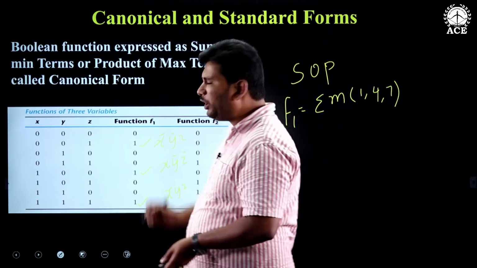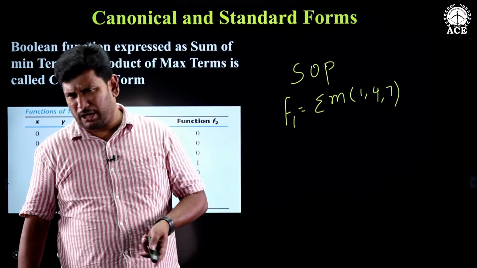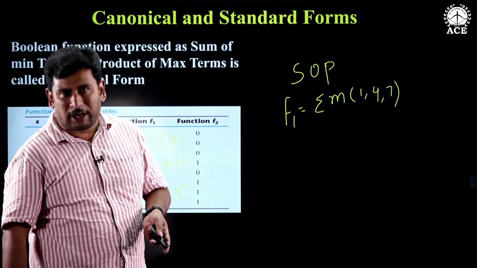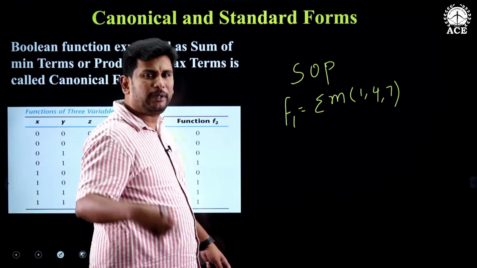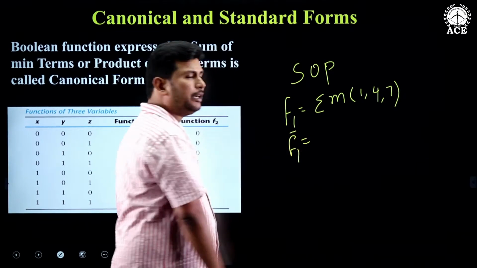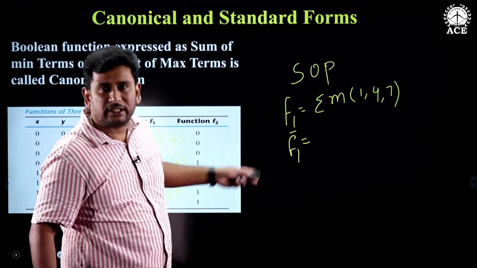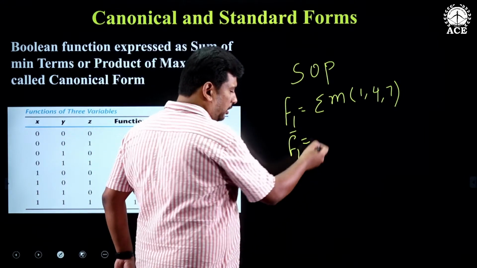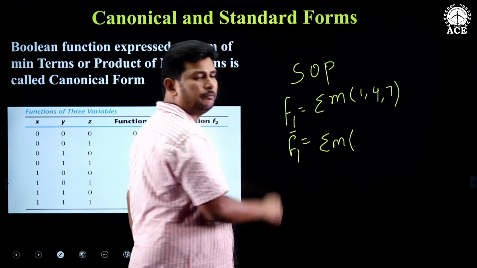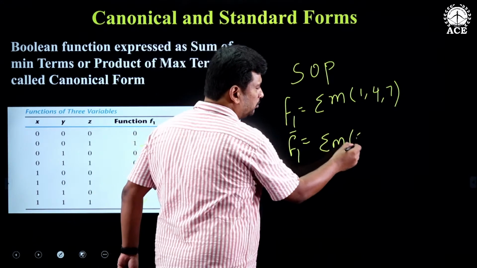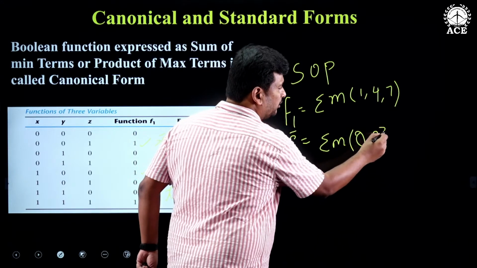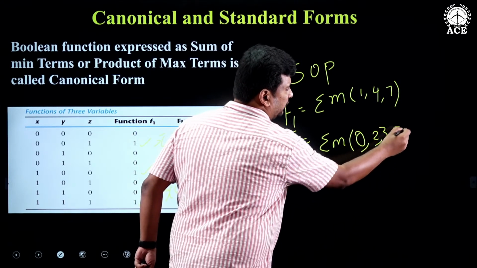Now I have a bit of a twist. Surprised? Don't worry. If you know f1, what will be the complement of f1? f1 complement is all the terms which are missing in your small m. What are they? We are missing 0, 2, 3, 5 and 6.